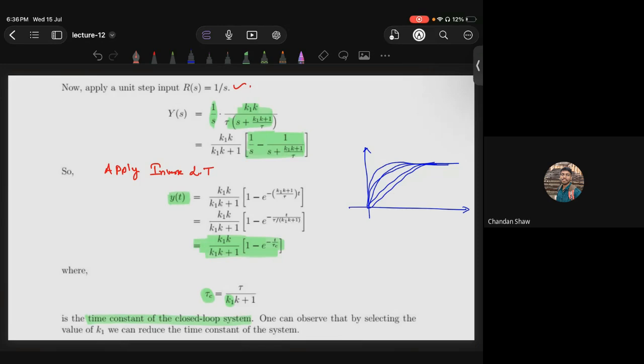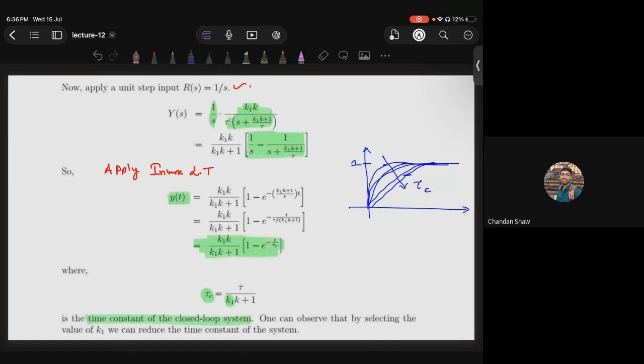These are different values of tau c. You can see that this one is reaching after a long time. This one is reaching the steady state value fast. Clear? So that is how this tau c plays a major role. We call it the time constant of the closed loop system. You can change tau c if you simply change the value of K1. Is that clear?